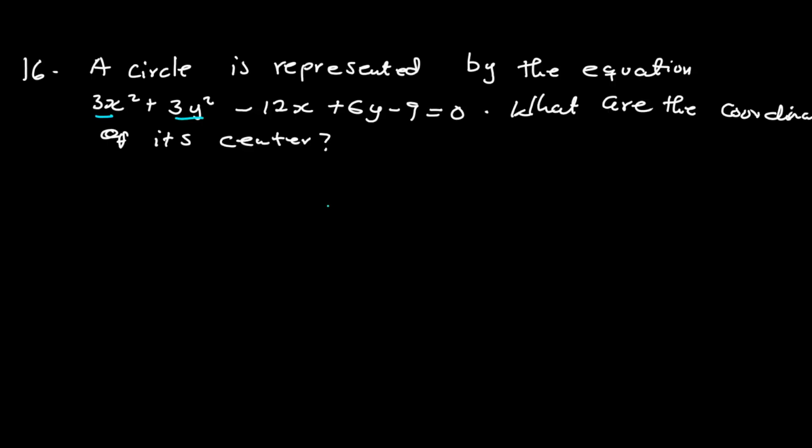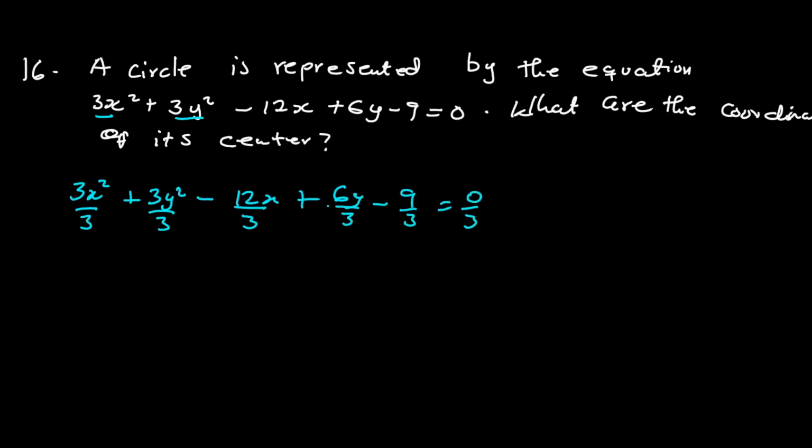So we can rewrite this as 3x squared over 3 plus 3y squared over 3 minus 12x over 3 plus 6y over 3 minus 9 on 3 equal to 0 on 3. And that will give us x squared plus y squared minus 4x plus 2y minus 3 equal to 0.